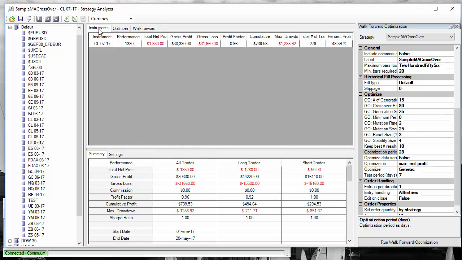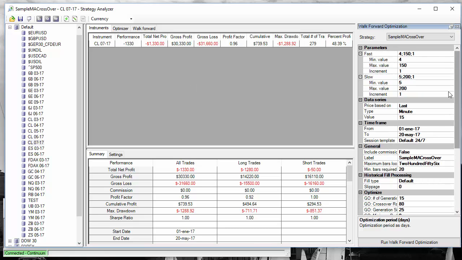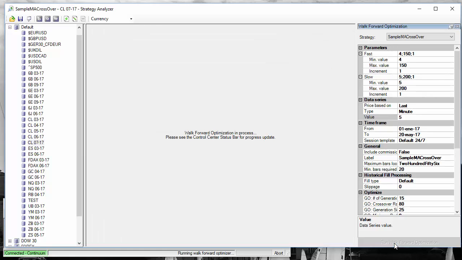So now we have an idea of how useful are the optimizations or the reports to use them in our daily trading. We can keep changing settings, like for example the time frame, until we find some correlation between the optimization reports and the backtest reports.